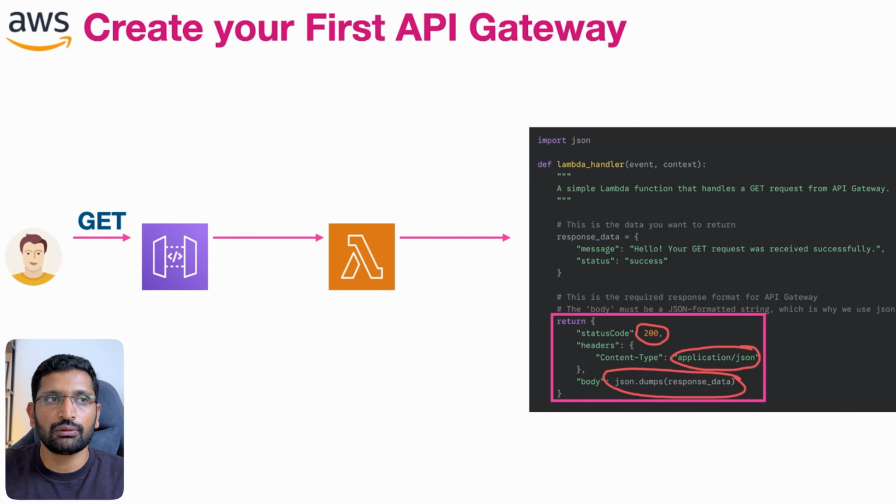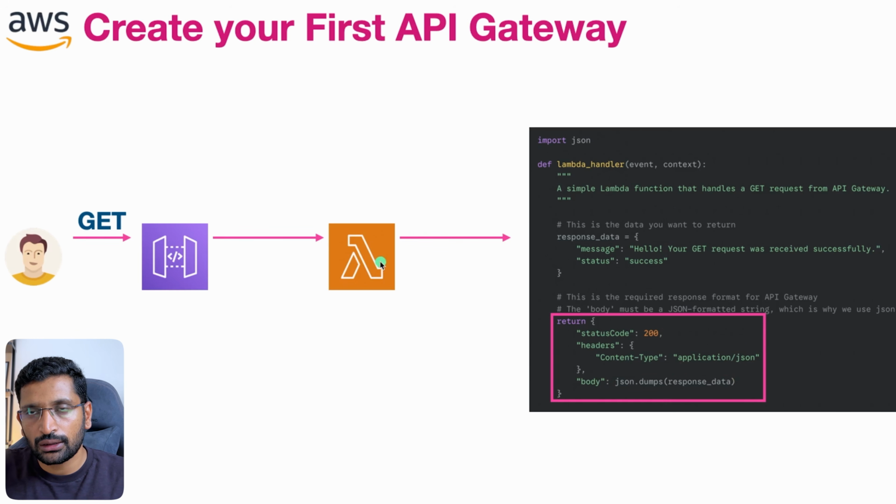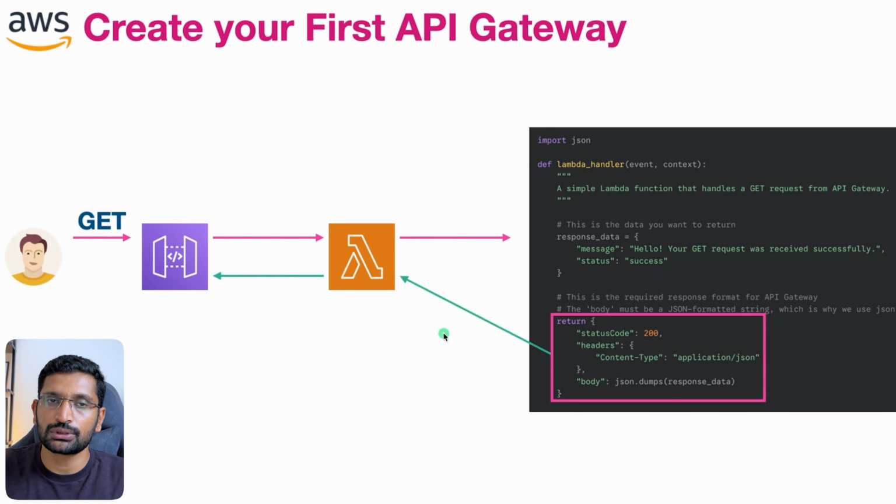Once our request is processed and our Lambda code is executed, our response is thrown back, and that response is generated back to our client. This is a very simplistic demo, which will make you comfortable working with the API gateway. Later on, we are going to increase the complexity of this API gateway and explore the other features.